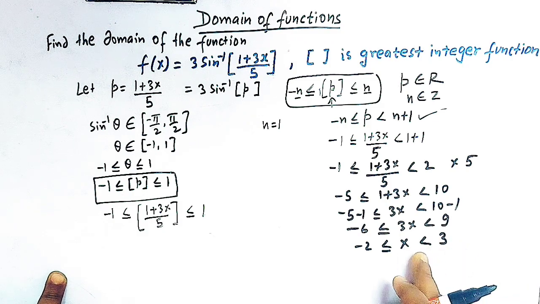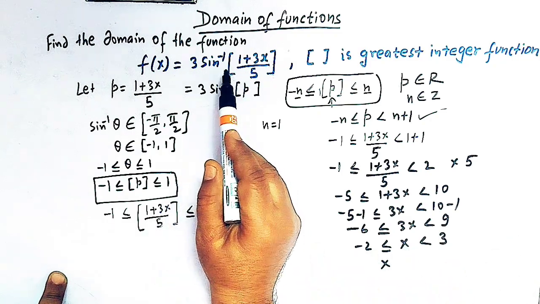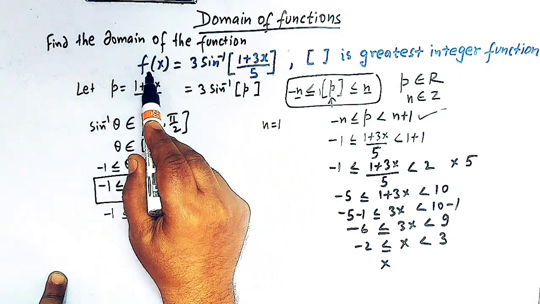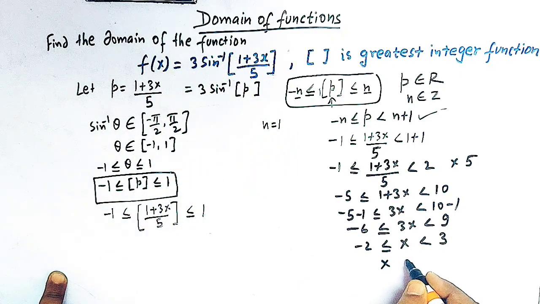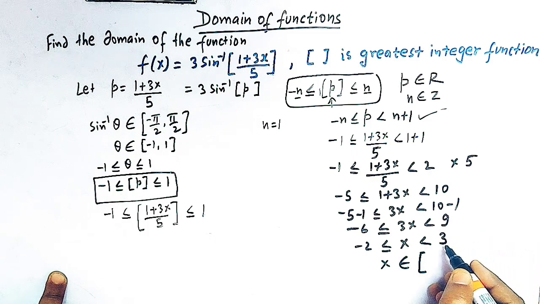From this inequality we can conclude that the valid values of x for which this function is defined, that is the domain of this function f of x, is given by this interval, which is closed from the left and open from the right.